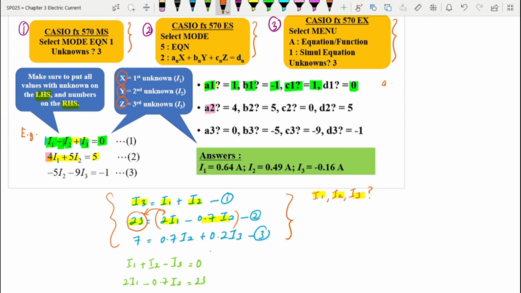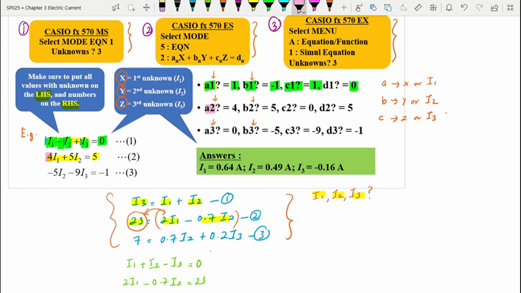So A adalah X or I1. B adalah Y or I2. C adalah Z or I3. Okey, tapi 1 to 3 yang dekat dalam ini merujuk kepada equation 1. Ini adalah equation 2. Ini adalah equation 3.